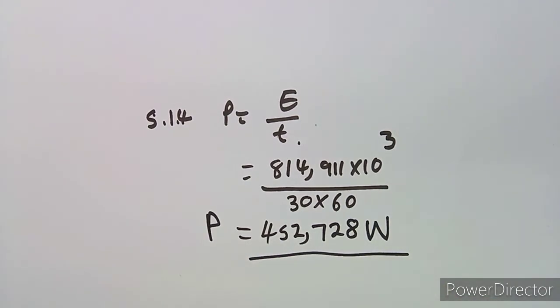So as you can see, it's a direct answer of power, which is directly watts. There's no need for you to make further conversions to kilowatts, because that one is going to give you a decimal, so you can just write that as it is.